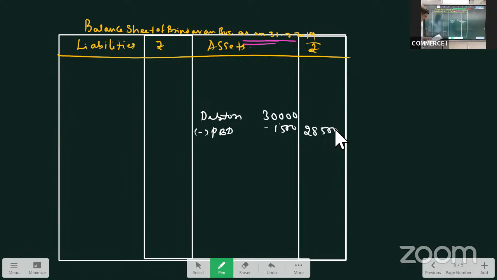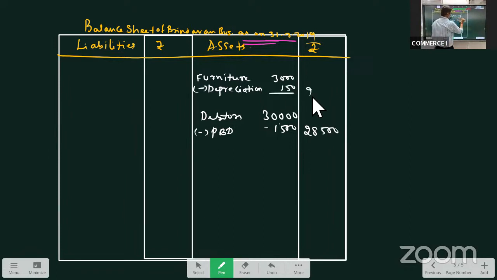Next, furniture. Furniture is a fixed asset, given as 3,000. On this, we have depreciation. What was the amount of depreciation on furniture? We had a depreciation of 150 that we have to deduct and take 2,850.